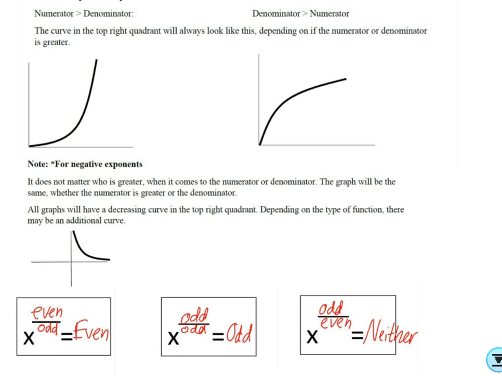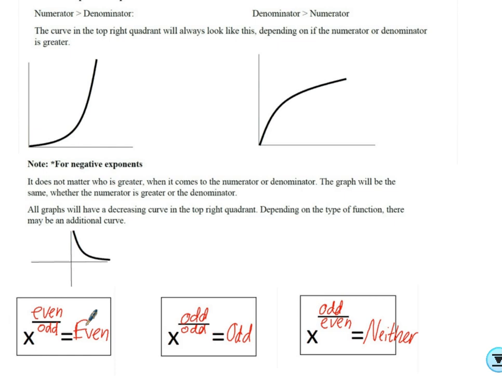If you have a positive exponent and the numerator is larger than the denominator, so top larger than bottom, then the first quadrant is going to look like this, opens up. If the denominator is larger than the numerator, then the first quadrant looks like this, opens down. If you have a negative exponent, the numerator or denominator being bigger doesn't matter. The first quadrant is going to look like this, and you've got asymptotes on the axes.